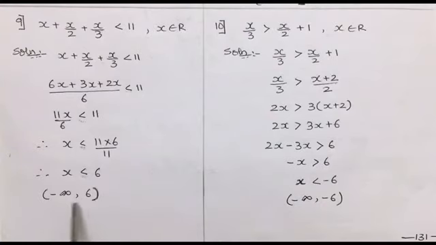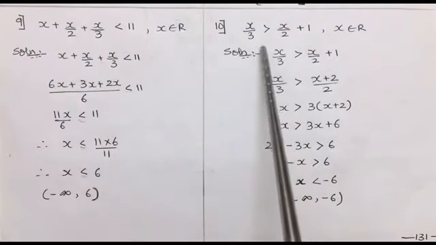So the interval form becomes minus infinity to 6, and it will be an open interval as the equality sign is not there. Towards infinity we always need to keep the open interval. Here 6 is not included in x, so we have kept an open interval for 6 also.